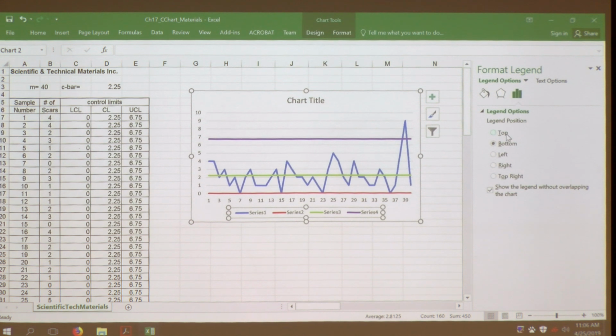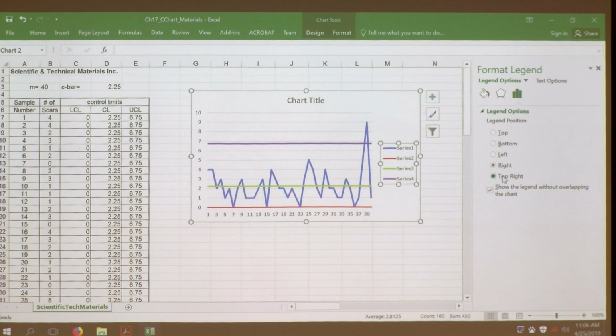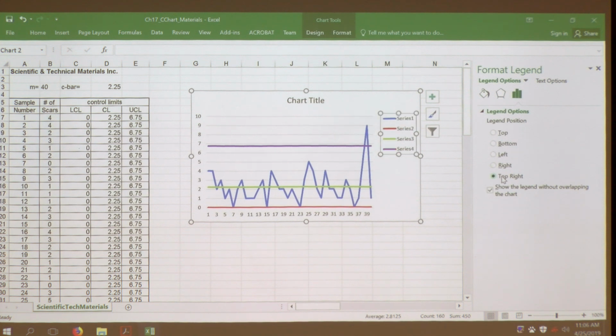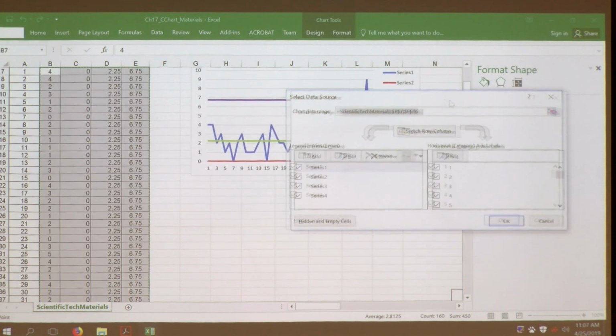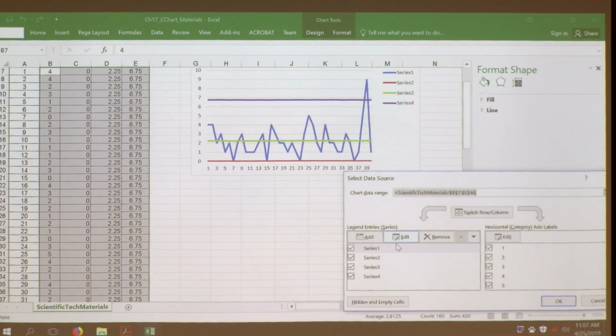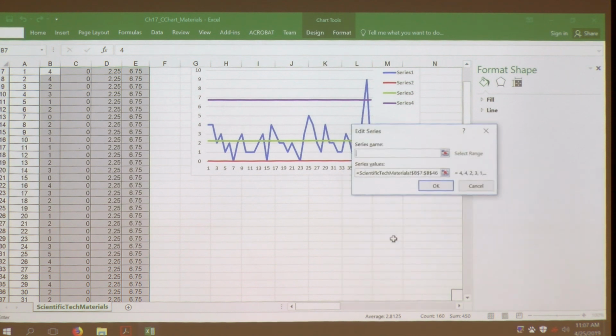You see here, you can put it on the top, the bottom, the left, the right, or top right. People have different preferences, so that's why the software allows us to choose the options. And if you want to change the legend names, Series 1 is the blue line. This is my data, so you can just edit it. This is the scars.